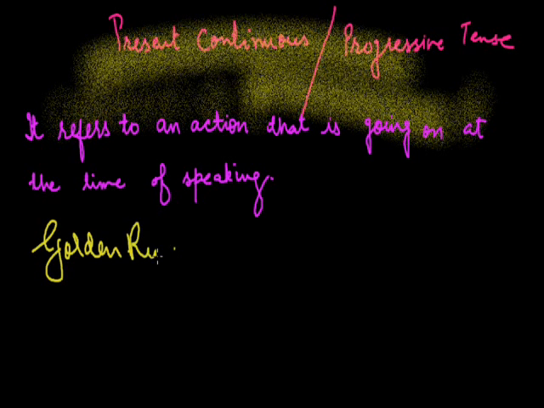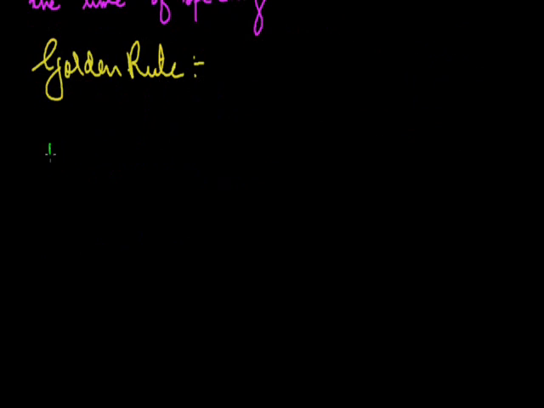Golden rule. Why do I call it golden rule? Because it helps us a lot. So this is the golden rule. Subject, first of all, subject, then plus auxiliary verbs is, am, are, then again present participle.